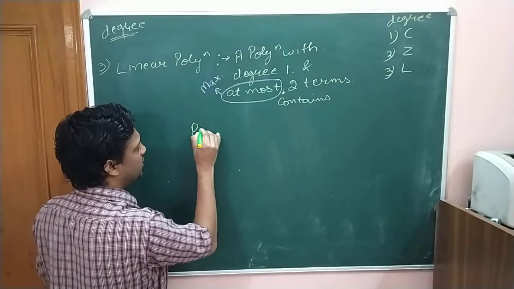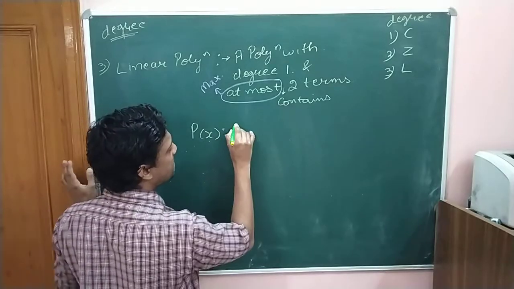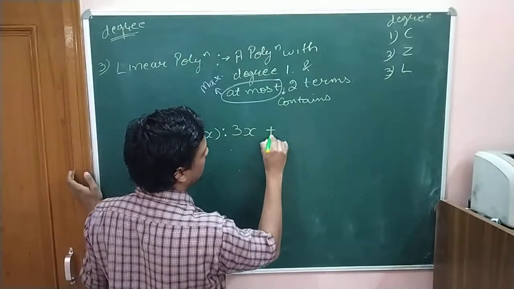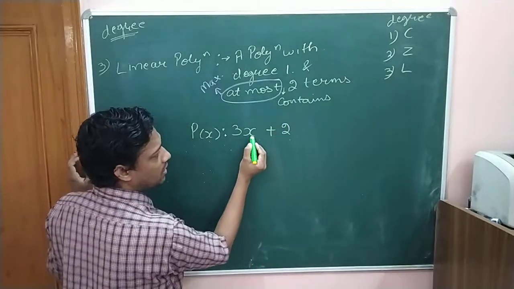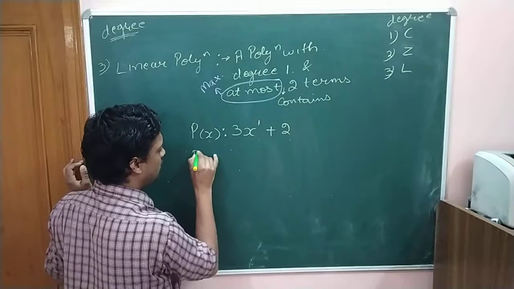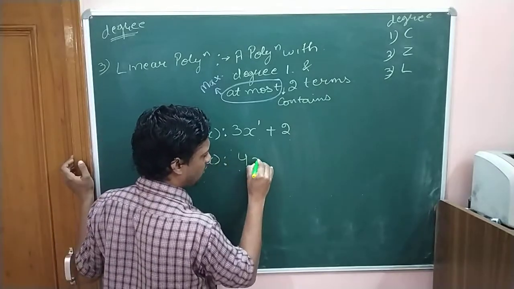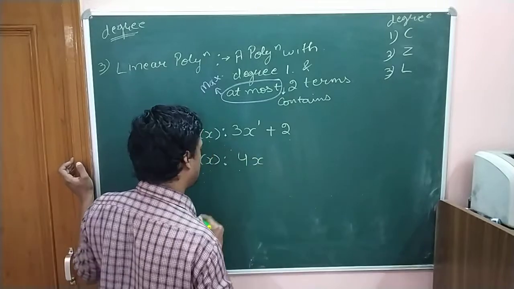See some examples: p(x) equals 3x plus 2. If a variable doesn't have any power, then by default it's 1. Another example, p(x) equals 4x, only 4x.